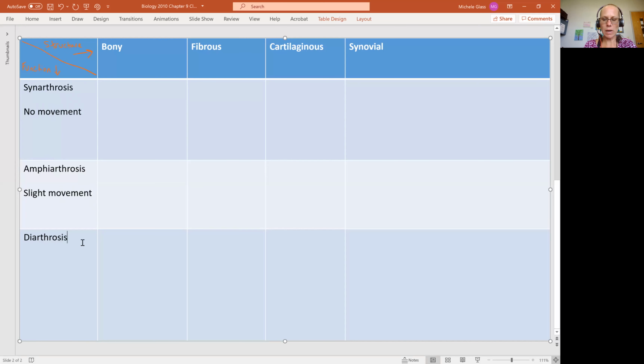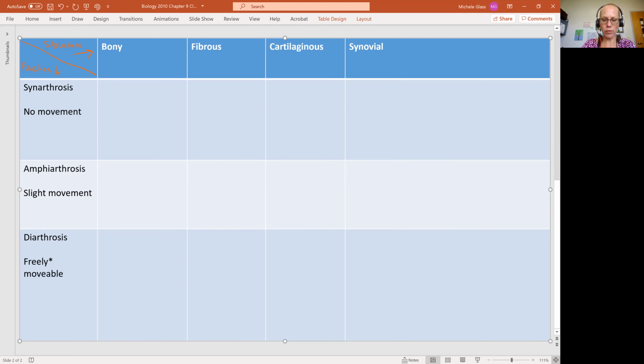And when we talk about diarthrosis, we use terminology like freely movable, but you might want to think about the freely part maybe in quotations, or maybe let's put a little asterisk there.